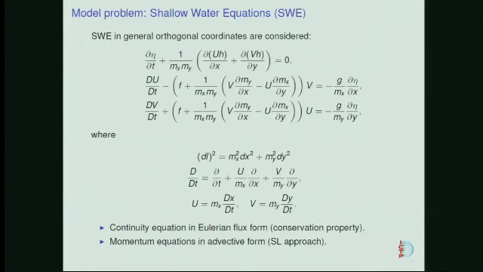Another observation: we use here the continuity equation in Eulerian flux form, since we want to be mass conservative, but again, the method could be extended with minor changes to a fully semi-Lagrangian version. And in fact, in parallel to this work, we are also working on a fully semi-Lagrangian version.